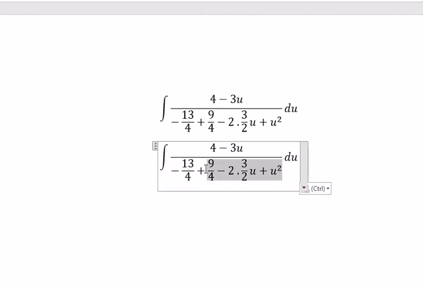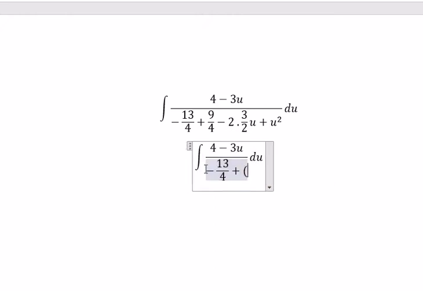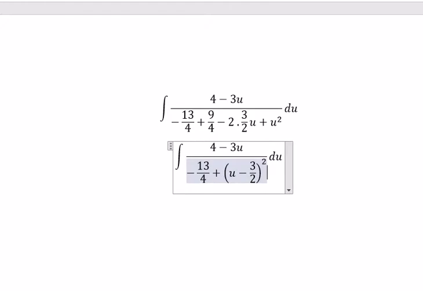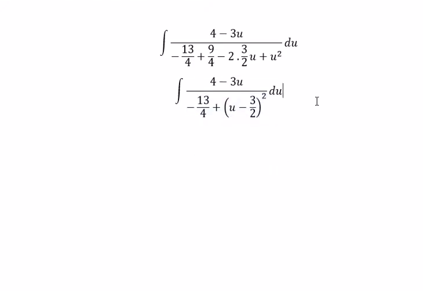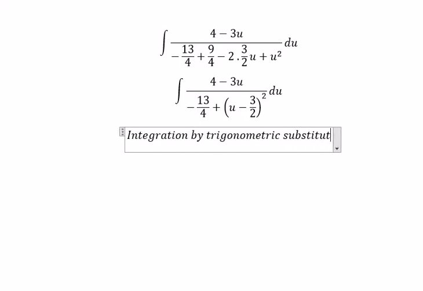So this one, we can put u minus 3 over 2 to the power of 2. So we can use trigonometric substitution.